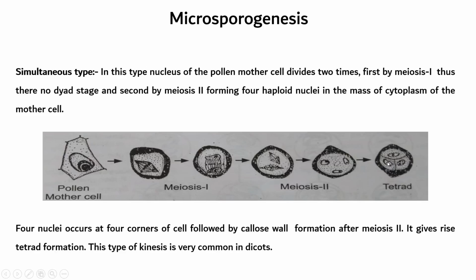After formation of the 4 nuclei, they go toward the corners of the cytoplasm, and cross wall or callose formation takes place here, and they become divided separately into 4 cells. This type of cytokinesis is very common in dicots. In this way, in angiosperms, cytokinesis takes place in 2 ways, successive and simultaneous.